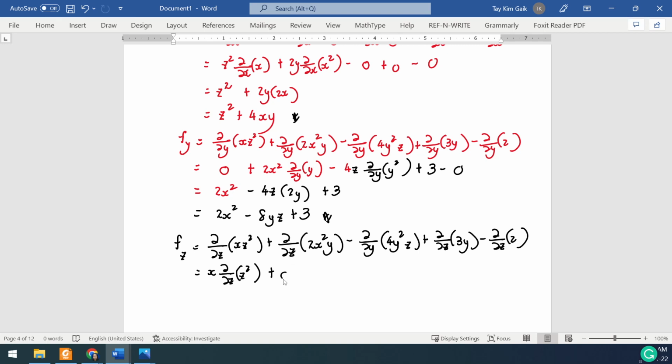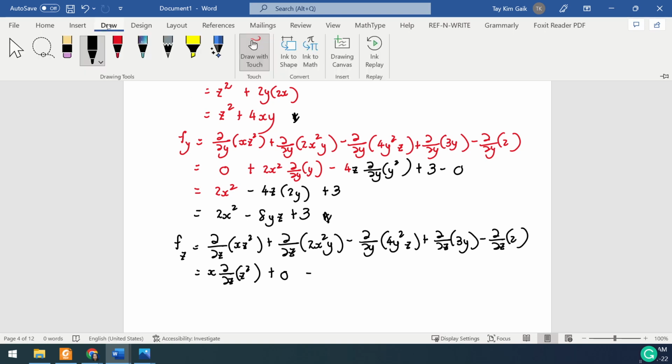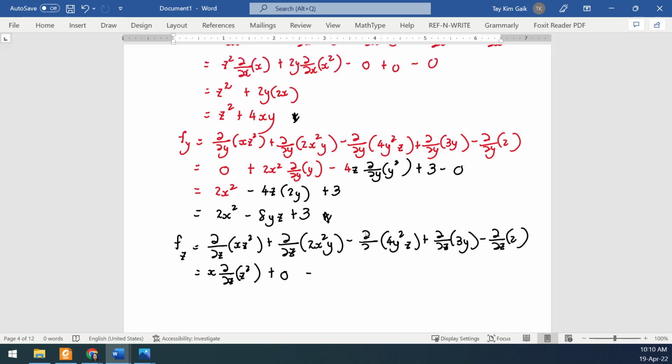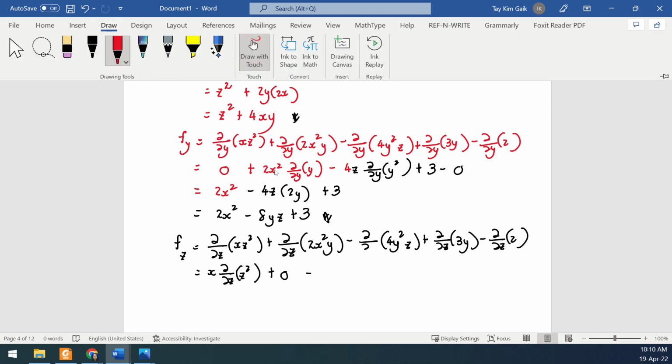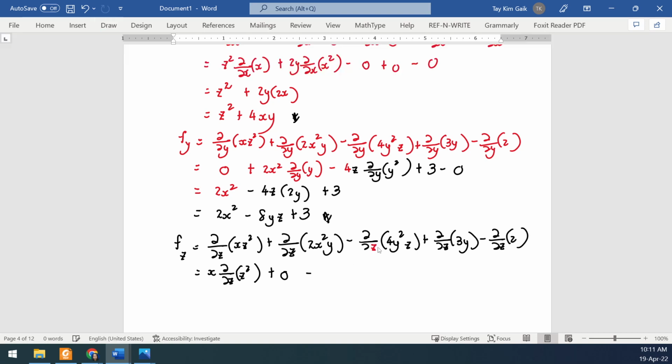Differentiate a constant, 0. When you take ∂/∂z, 4y squared is constant, you factor out 4y squared and then take ∂/∂z of z. 3y is constant, differentiate constant, 0.